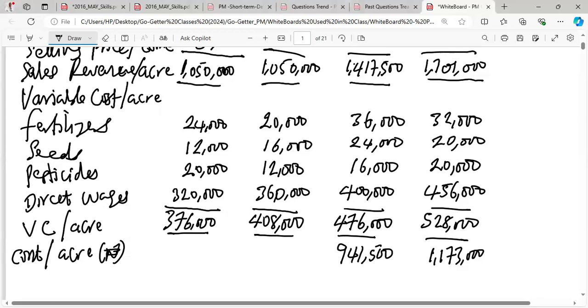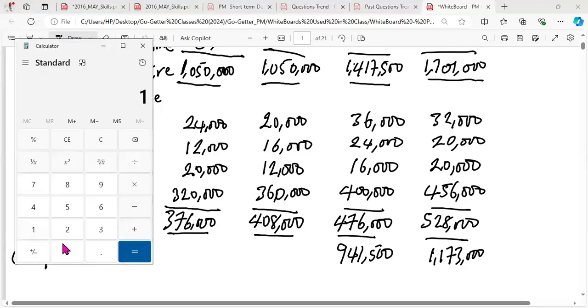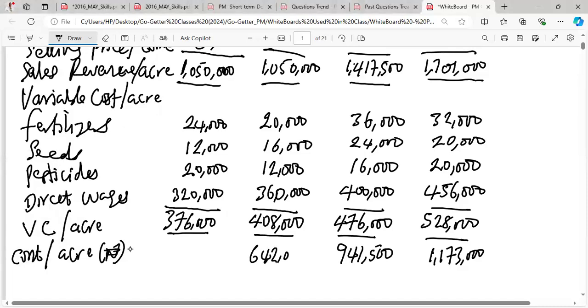I also have here 1050 minus 408. That gives me 642. So this is 642,000.